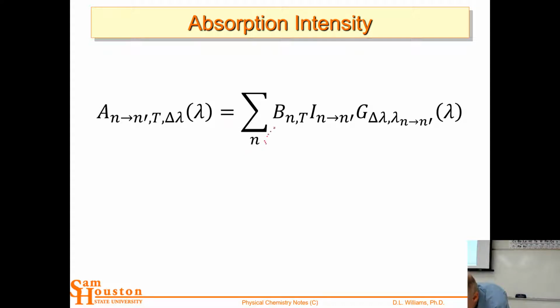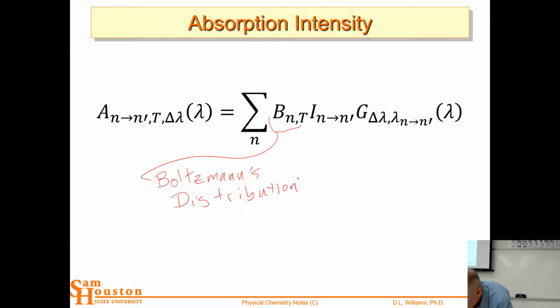So right here, this B piece is Boltzmann's distribution. And remember I said that he had a huge contribution and really, I think, is the father of quantum mechanics. It's the thermal population of energy levels.